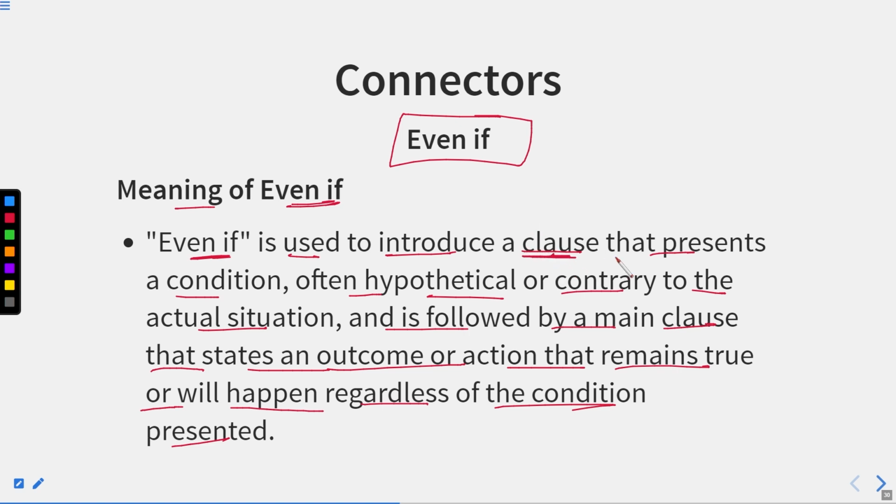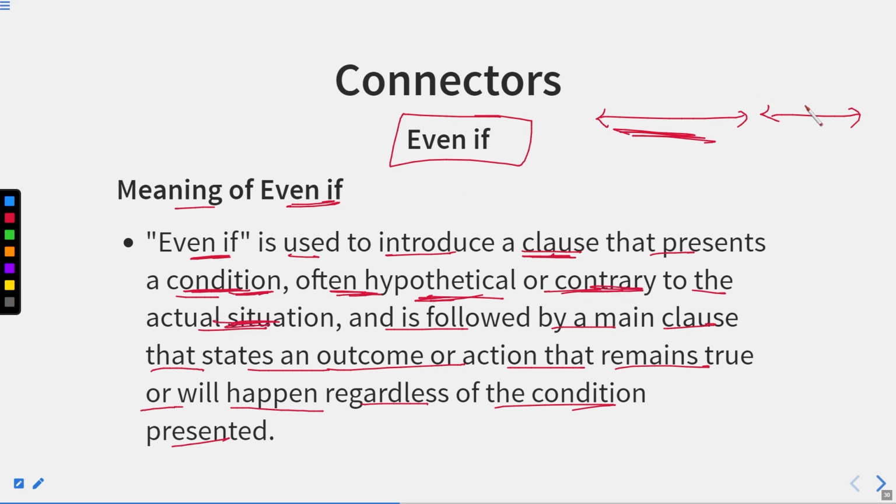Even if is used to introduce a clause, it means that with this word we are introducing a clause that presents a condition. Whenever we have two clauses, the clause used with this conjunction even if shows some condition, often hypothetical or contrary to the actual situation.